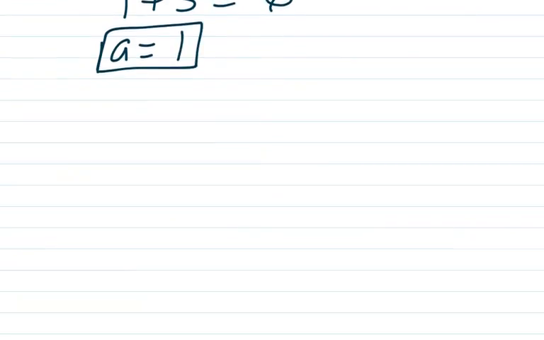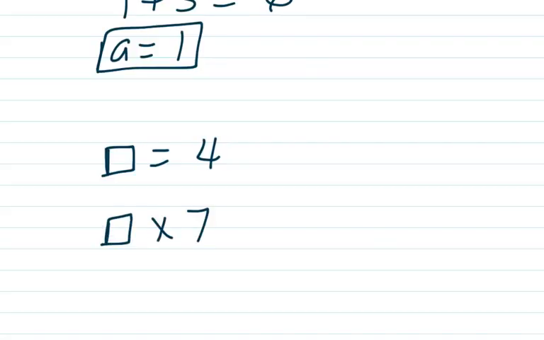So that is true that a = 1. And we can also have something like this. Let's say we have just square = 4. And let's say that we have square times 7 = 28.